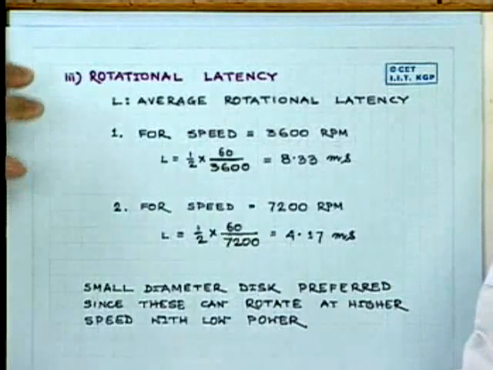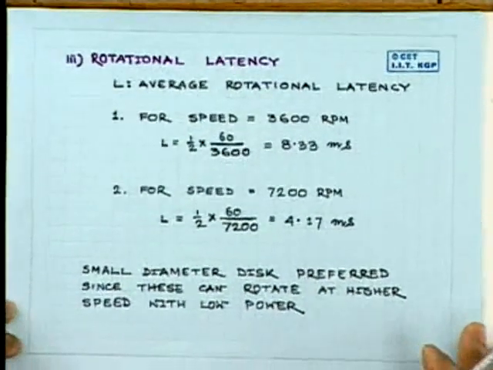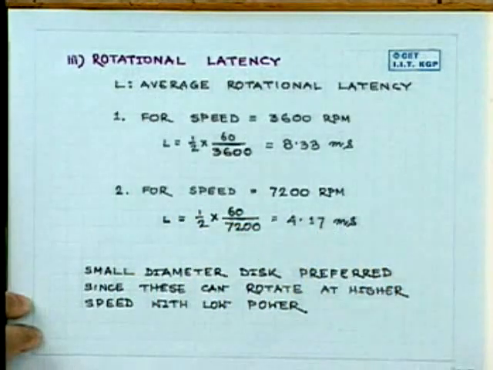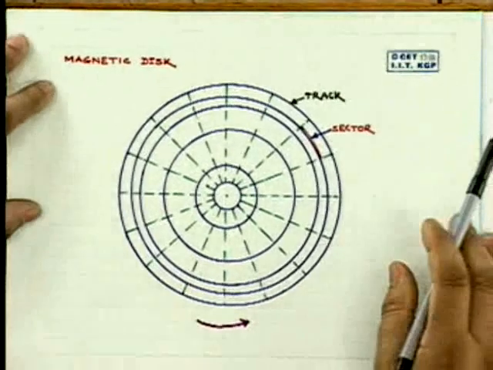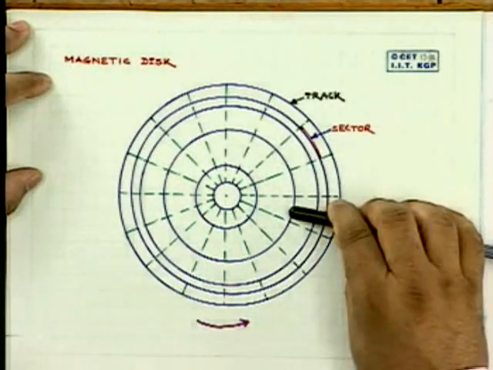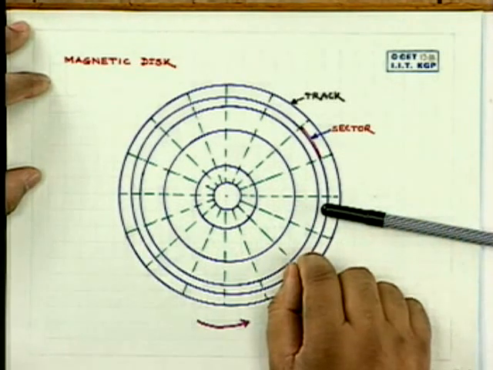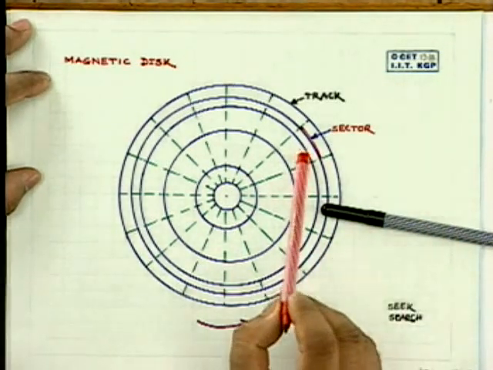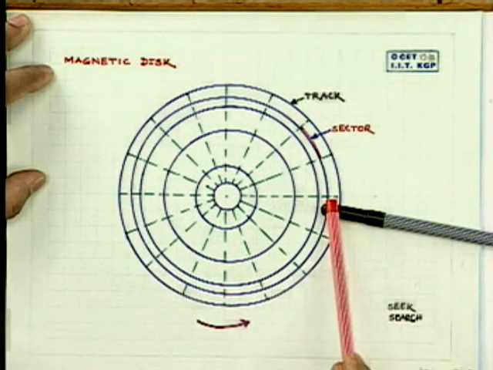The third important characteristic is the rotational latency. Let L be the average rotational latency. As I said earlier when I was discussing magnetic disk, the rotational latency is the time it takes, after the head has come to the track, for the designated sector to come under the read head.